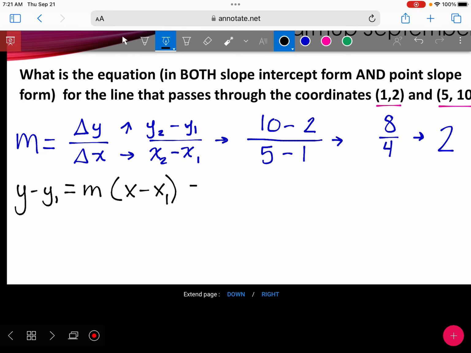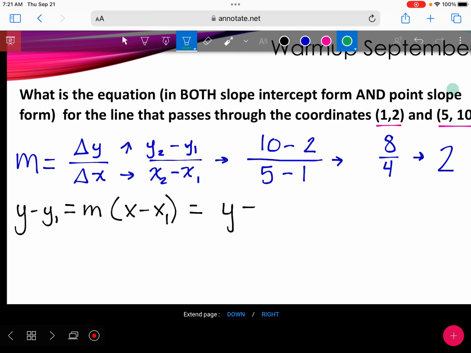So when we do that, we're going to have y minus, and I'll go ahead and use this one. Y minus 10 equals our slope of 2 times the quantity x minus the x value from that point, 5. There's point-slope form.